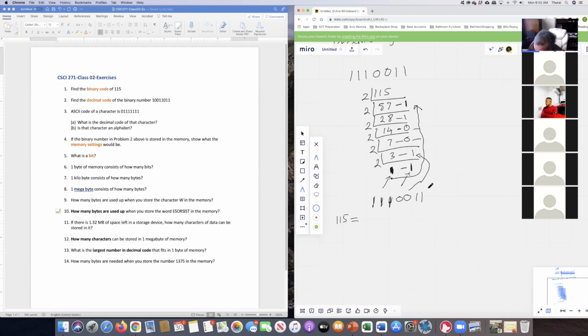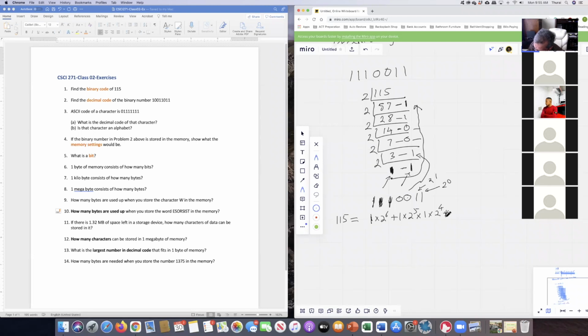Okay, so realistically, what this means is the number 115 is equal to, see, this last one represents 2 to the 0. This represents 2 to the 1, 2 to the 2, 2 to the 3, 2 to the 4, 2 to the 5, 2 to the 6. So this first one represents 1 times 2 to the 6 plus 1 times 2 to the 5, plus 1 times 2 to the 4.